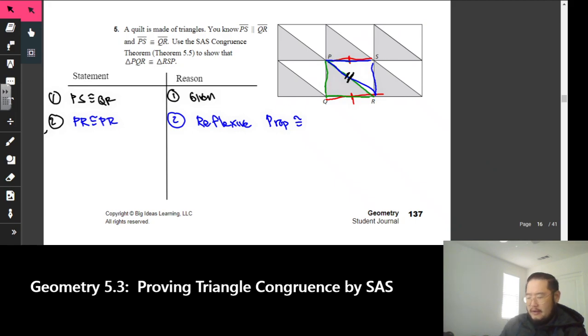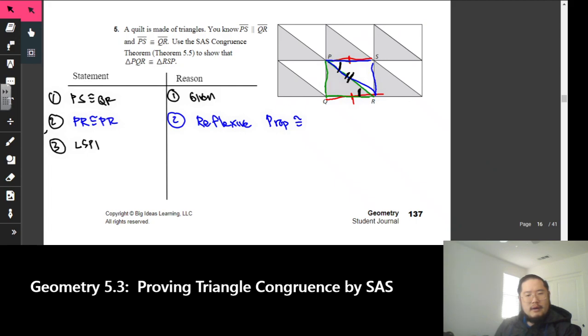All right, so what else can I say? We have to have an angle. Now there's 2 different ways we can go about this next part. But what I can say right here is this. Remember, they told us that we have 2 lines that are parallel. So that's what we're going to have to use. And we could say that this angle right here, SPR, is going to be congruent to angle QRP. I want you to think about why.